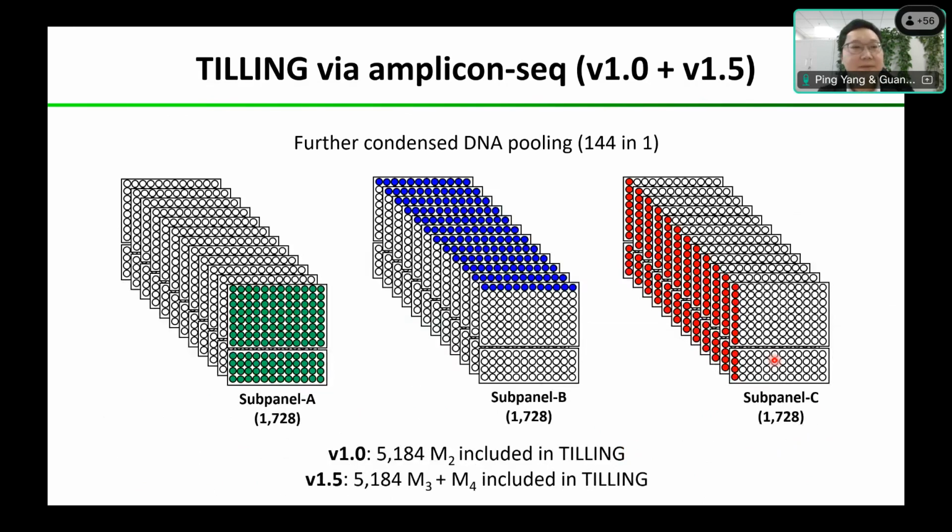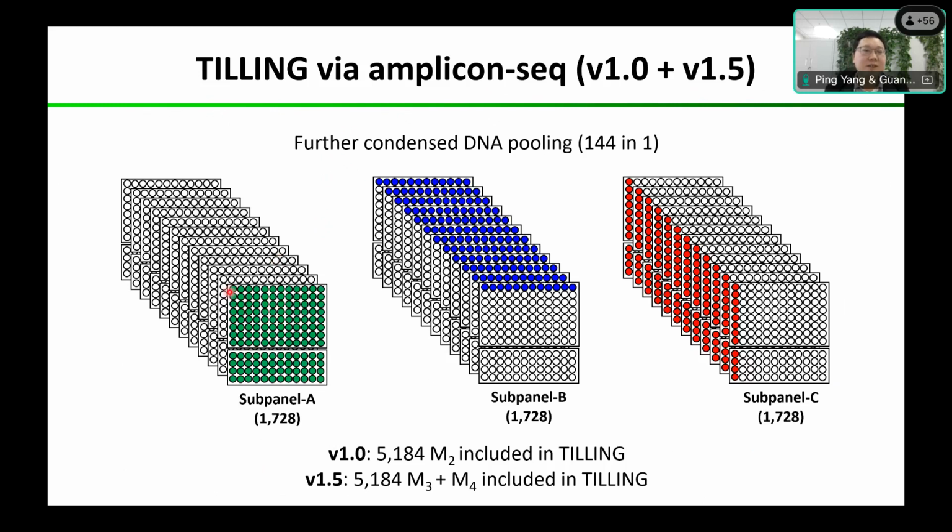When we had this mutagenesis population, we tried to generate a TILLING platform. Because barley has a very big genome, we believe we are not able to sequence all of them by whole genome sequencing. So in order to consider the budget, we decided to use an amplicon-seq approach.